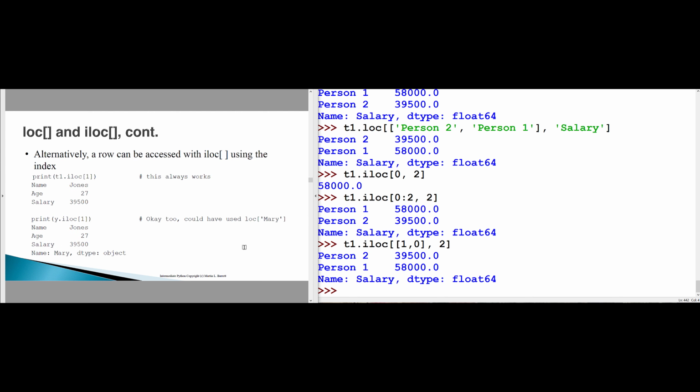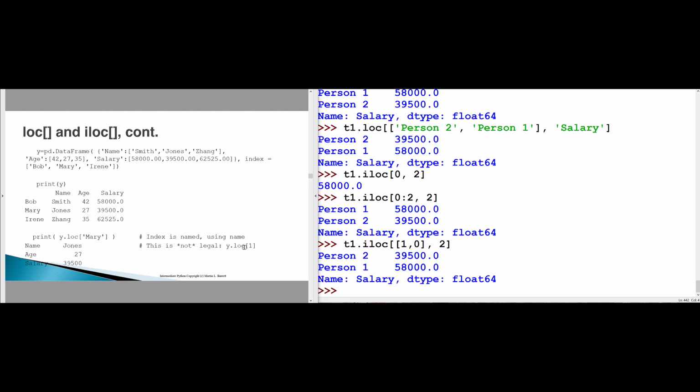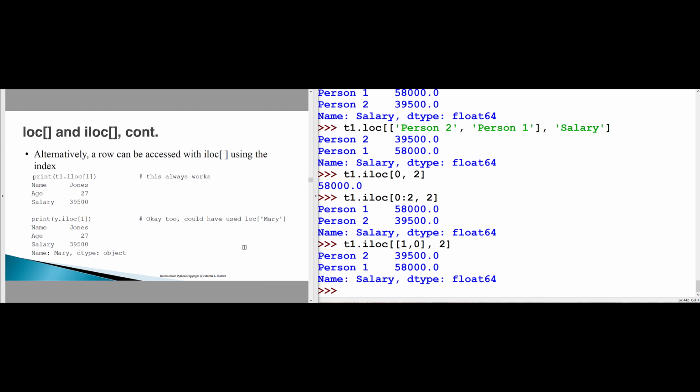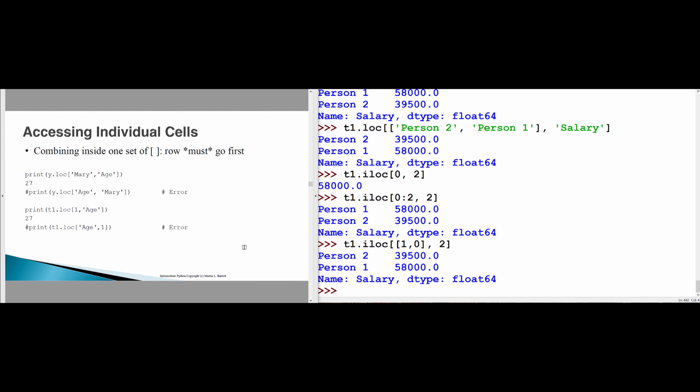Okay, these are kind of duplicated examples here. Loc and iloc. This is row column.